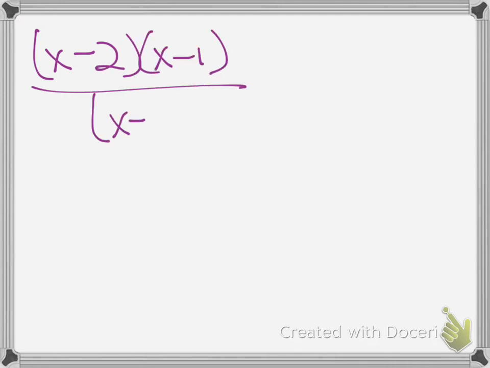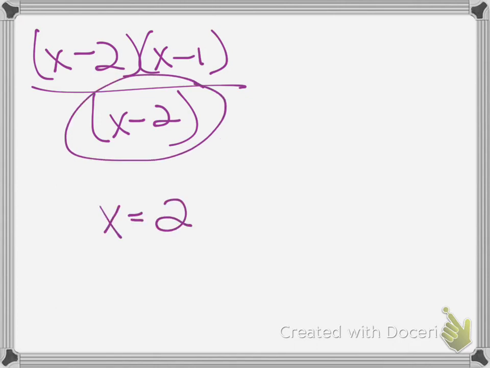Let's look at another example: x minus 2 times x minus 1 all over x minus 2. Again, I look at my denominator for points of discontinuity. I get x equals 2 when I set that equal to 0. Now I have to determine whether this is a vertical asymptote or a hole. I could technically reduce this down to x minus 1.